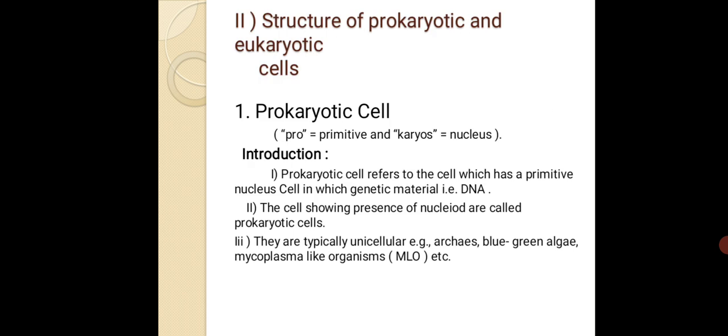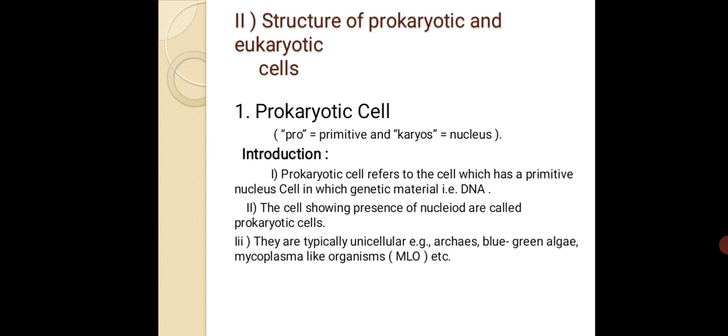Next, structure of prokaryotic and eukaryotic cells. Now we will describe prokaryotic cells. What is meant by pro? Pro means primitive and karyote means nucleus. First we describe the introduction.